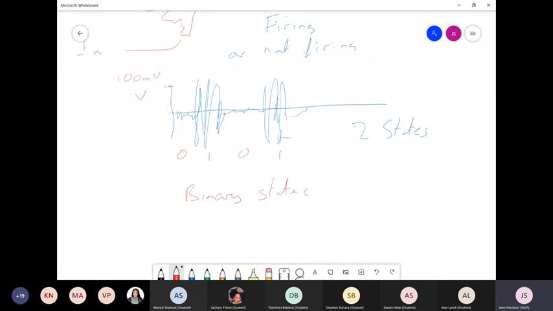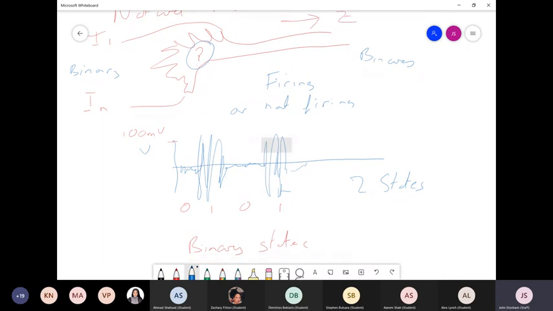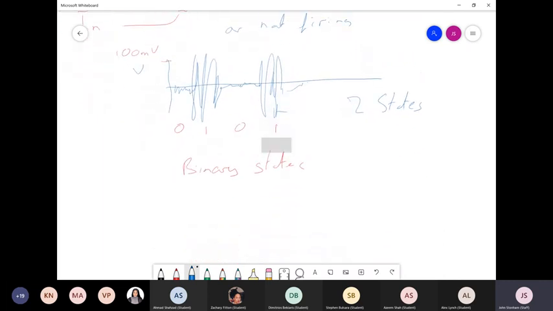So it is quite small. Right. If the inputs are binary, and if the outputs are binary, what is the obvious thing that could link them? A logic function.